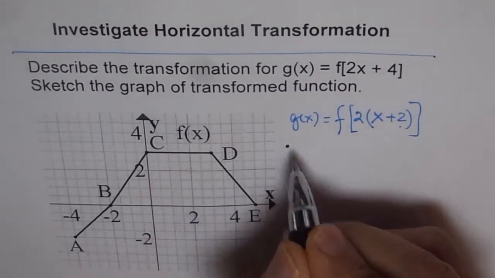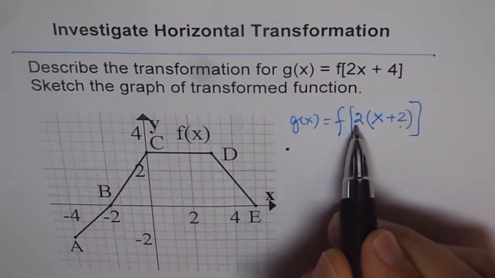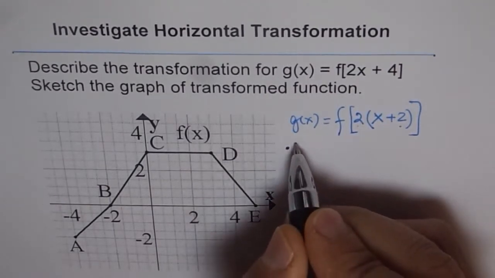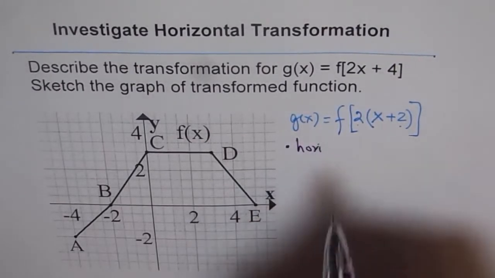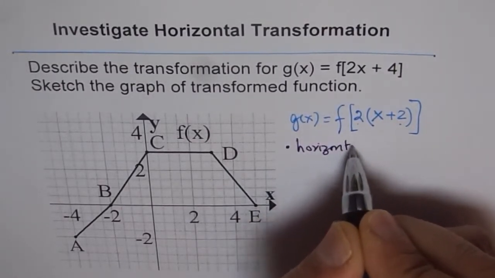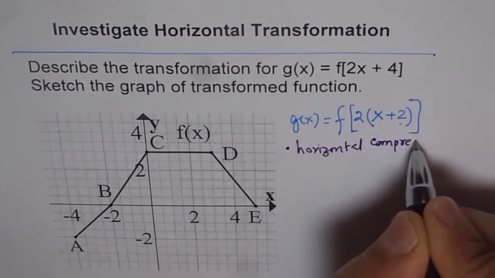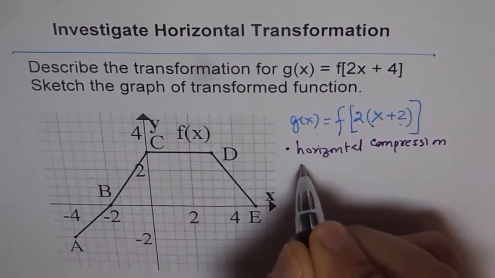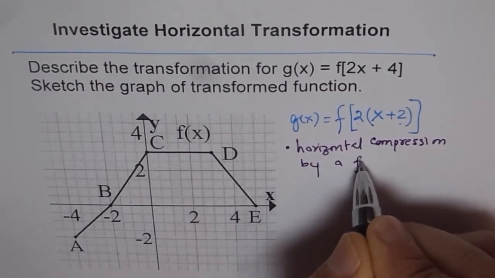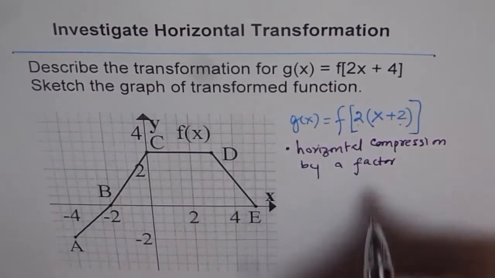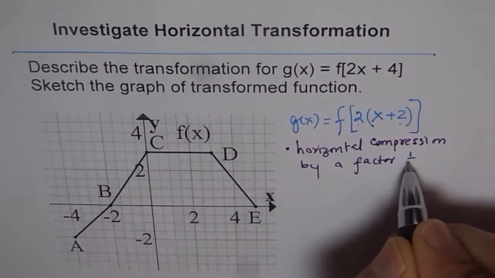So now let's describe the transformations. The 2 is the k value, and what does this signify? It signifies a horizontal compression by a factor of, each and every term is very important, half.